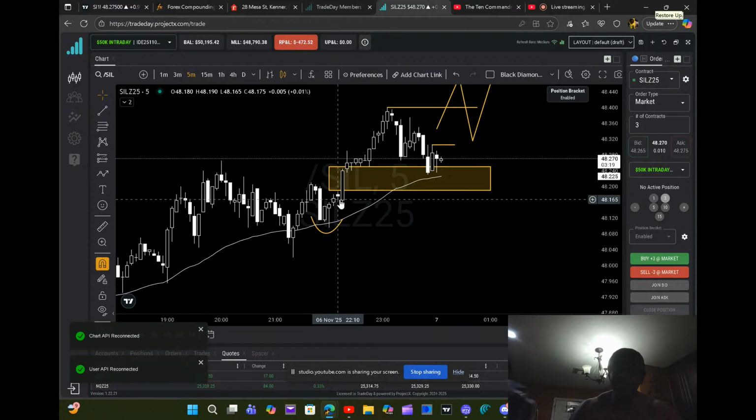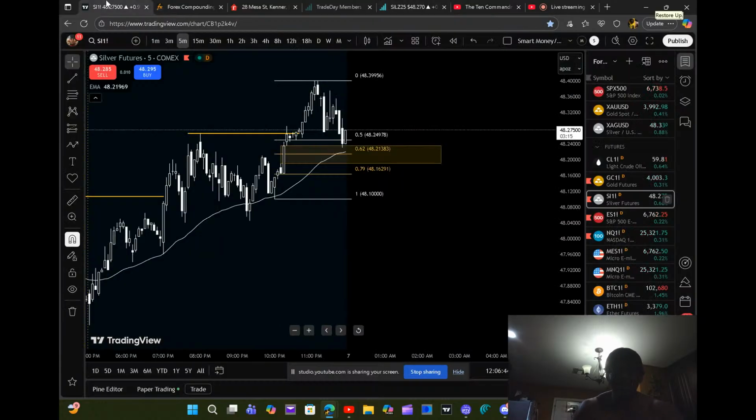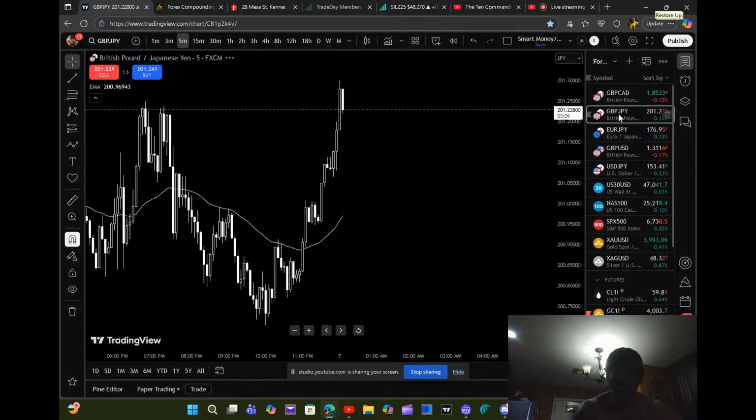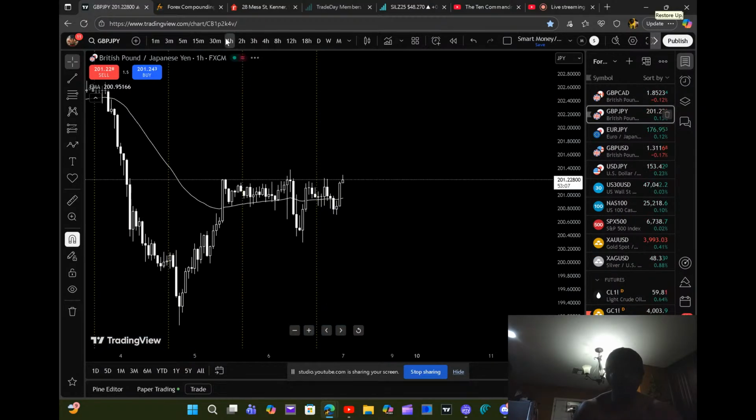I want to at least try to get in the trade with you guys. While this is developing, let's look at the forex side. I want to look at my favorite pair, GBP JPY, on the 1. Nothing but consolidation. Chop, chop, chop. See, we broke out right here, and then look what happened. We started chopping again.